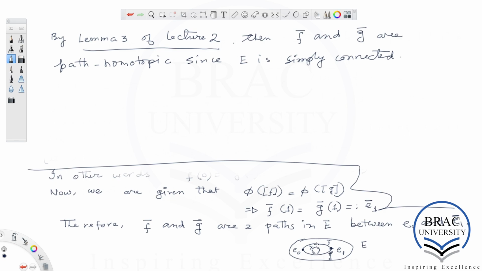Okay, so get back to lemma 3 of lecture 2. It will be clear that F bar and G bar will be path homotopic since the underlying space is simply connected.